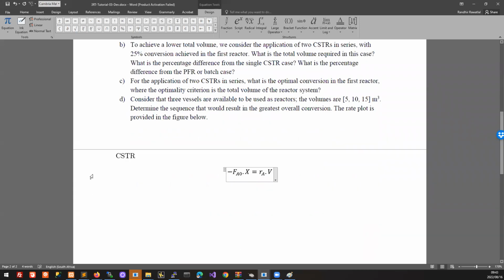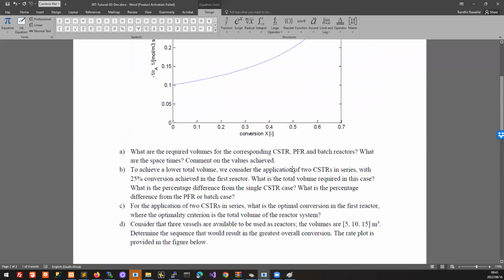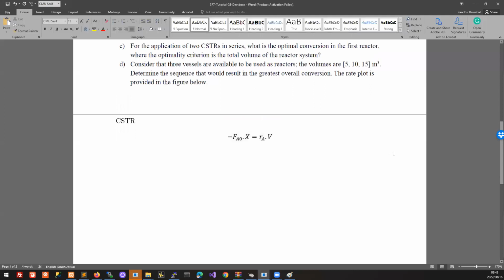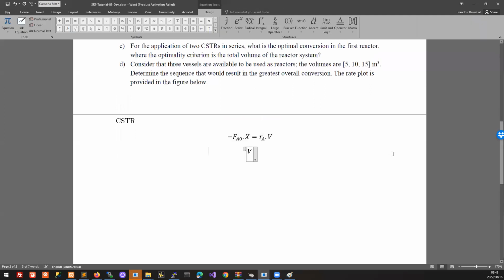By the way, always go back and revise and see if you can derive this quickly. So it's simply V equals this side divided by RA. Right, so that's what we need to evaluate.